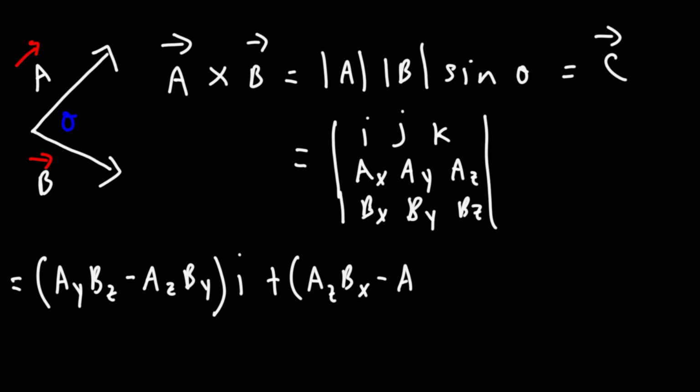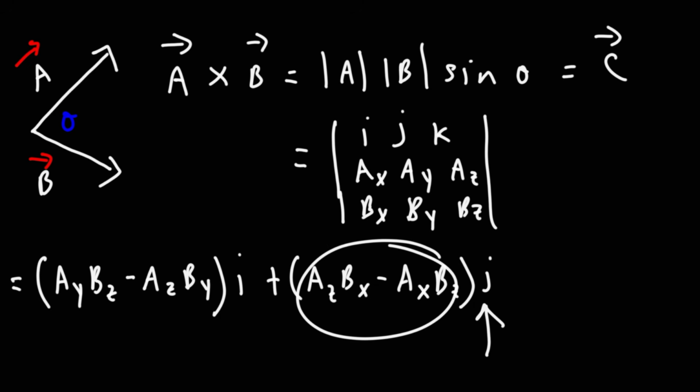It's the z component of A times the x component of B minus the x component of A times the z component of B. So the fact that you see the unit vector j tells you that this is going to be the y component of the new vector c.